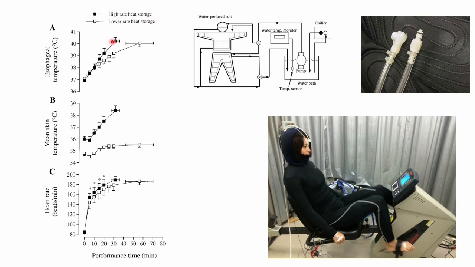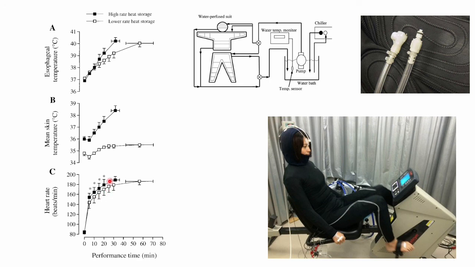The black data were when warm water was running through that suit, so they felt much warmer and they were storing heat much faster, versus cooler water running through the tubes, and that time their body was able to dissipate heat much faster. You can see the differences in temperature, skin temperature, significantly lower in this case, significantly higher in the hot water experiment. You can see also here the heart rate results.